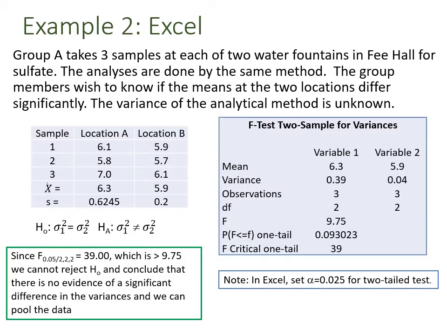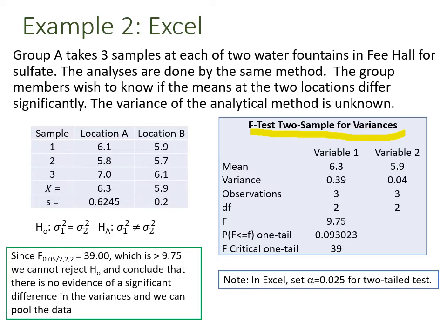We can do the same calculations in Excel. If you've not done so, make sure you install the data analysis tool. You'll need that throughout the semester to analyze your data. Now you'll select the data that you wish to analyze, and in this case you will choose the F-test two-sample for variances.